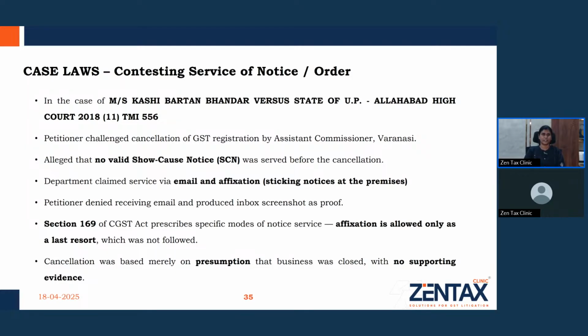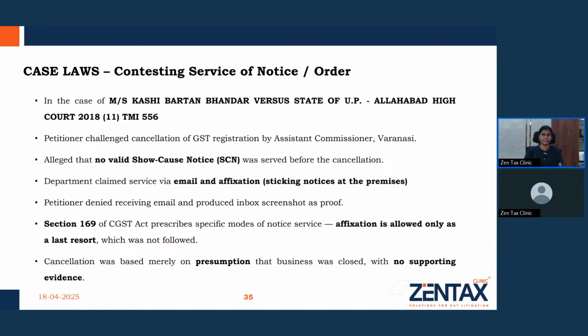However, the petitioner has denied receiving any such emails, and they have also provided the inbox screenshot as proof. As we saw in section 169, specific modes of notice service are prescribed. Affixation is allowed only as a last resort, which was not followed in this case.